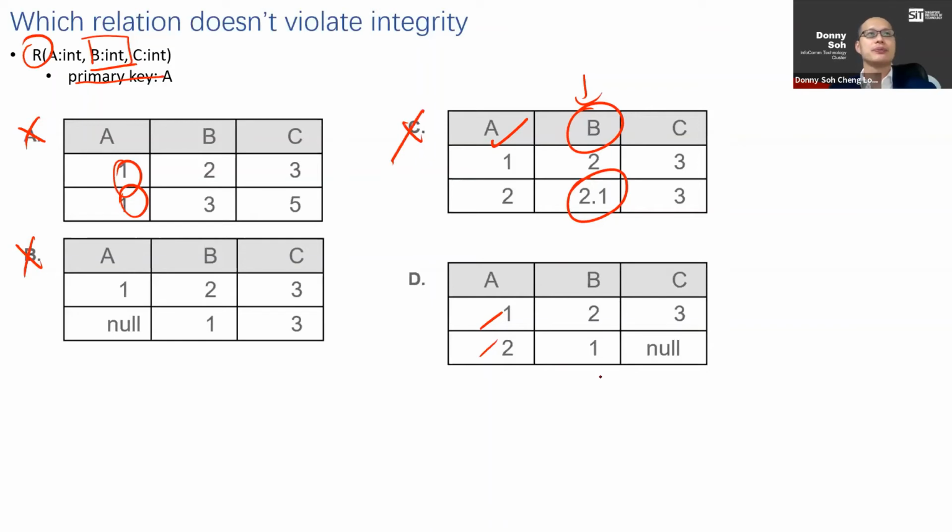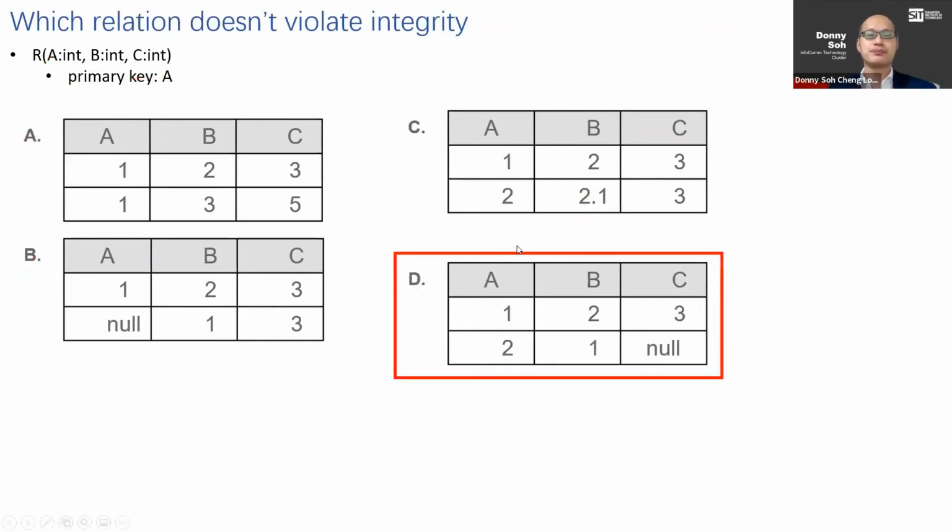So the only one that's possible is going to be D, whereby A is an integer and it's a primary key. B is only integers. And C is an integer, but null values are somewhat acceptable. So this is also fine. Okay, so this is how we solve this question.